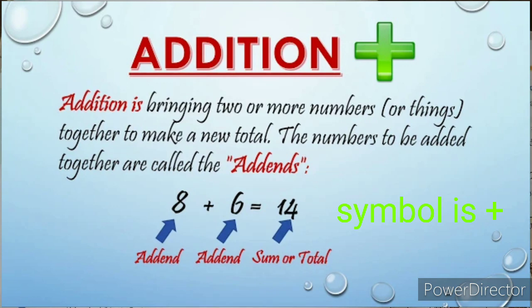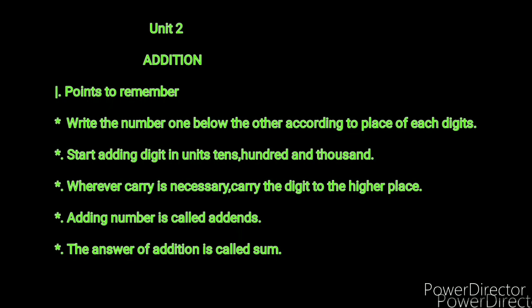Now dear students, before going to solve the revision exercise, I will give some points. Points to remember, put the heading. First one, write the numbers one below the other according to the place of each digit.